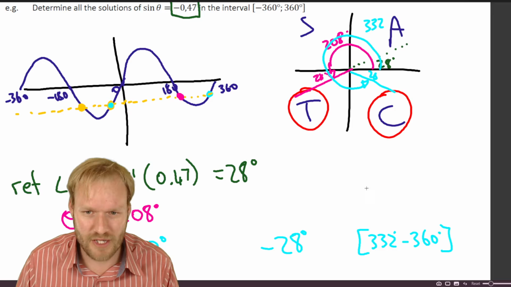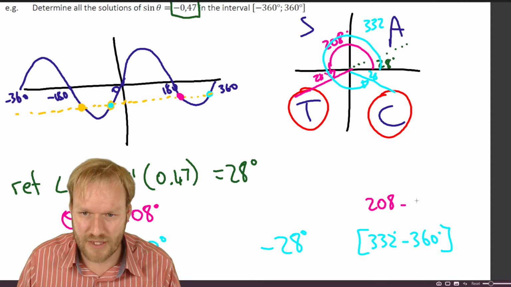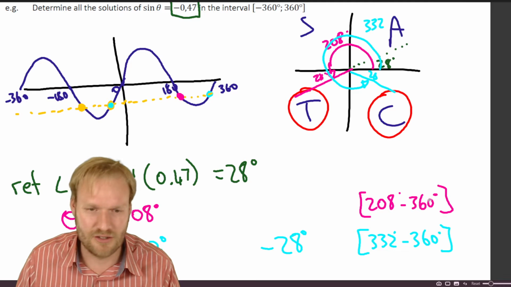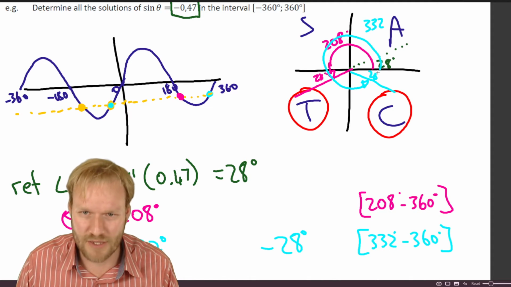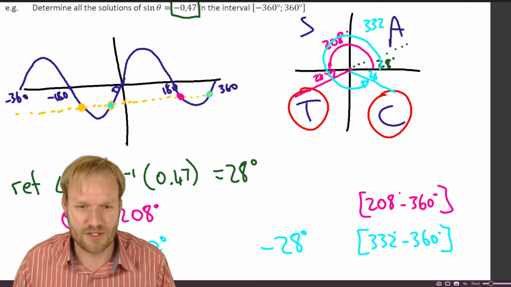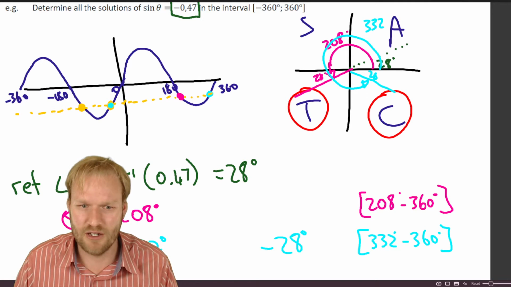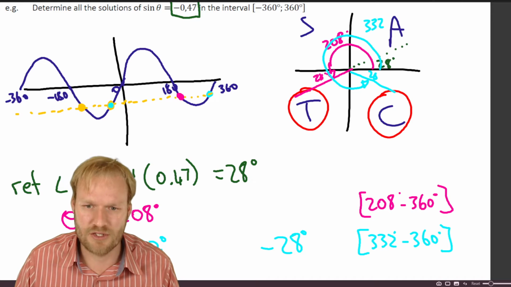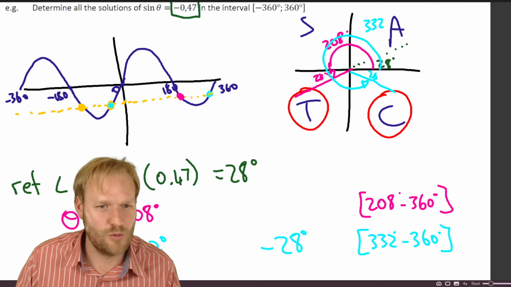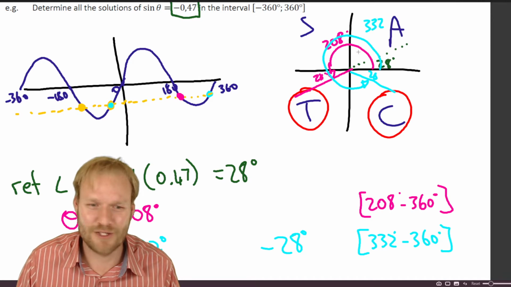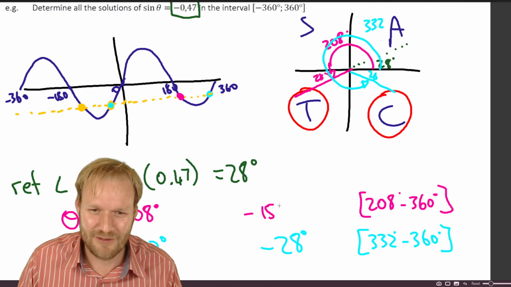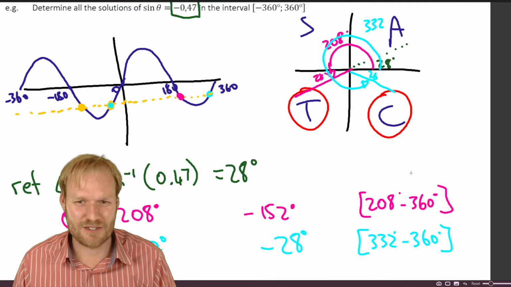So if we took 208 and subtracted 360 degrees, we could get our second solution, because that would be the same as going all the way around that way. So if we took our 208 and just subtracted 360, what do you get? Minus 152, me too. Minus 152 degrees.